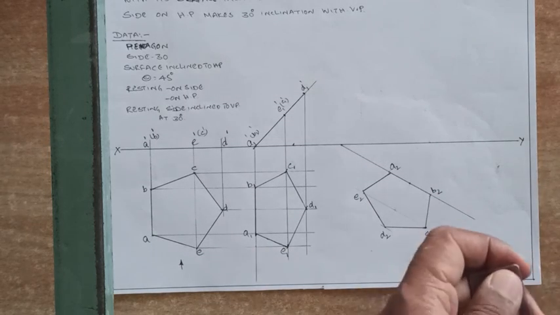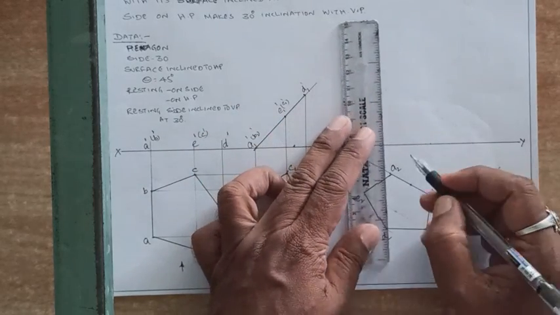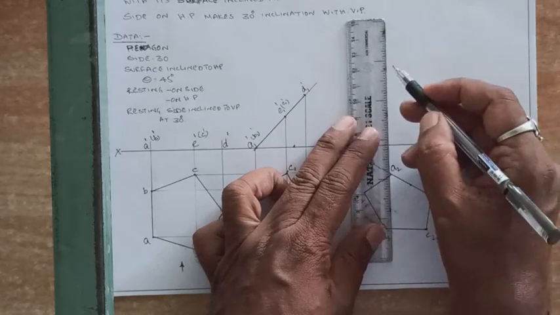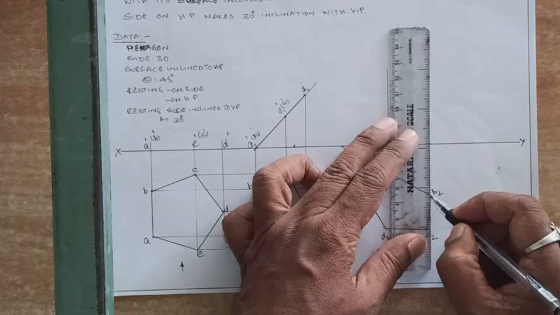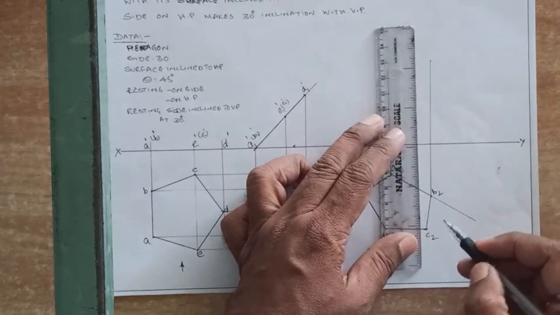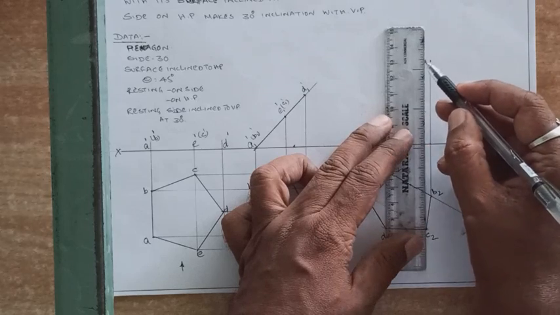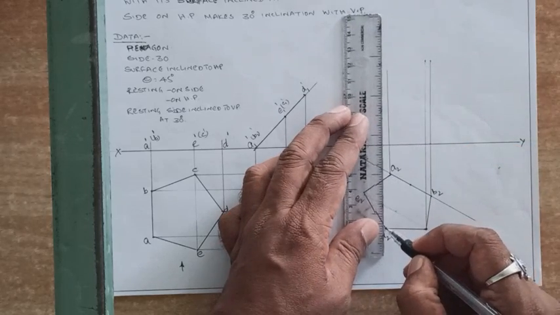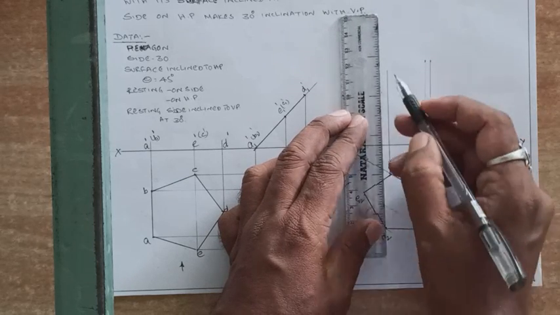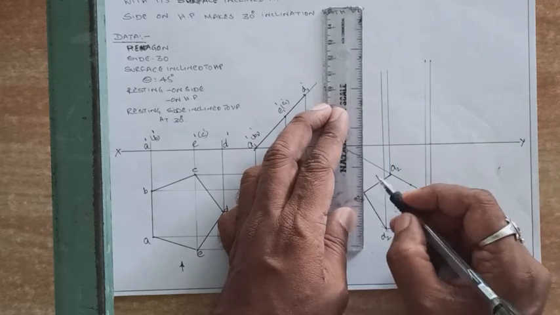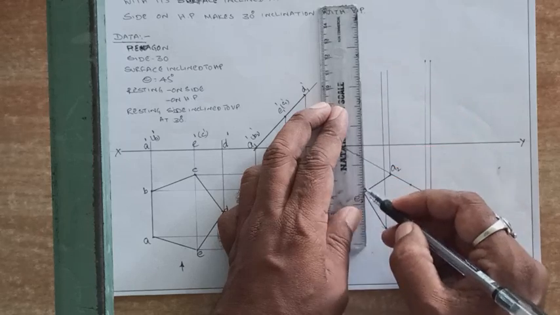Now from here you have to draw the projections upwards from these points: from A, a thin projector, from B, a thin projector, from C, another projector, from D, one thin projector, very thin projectors, like this.